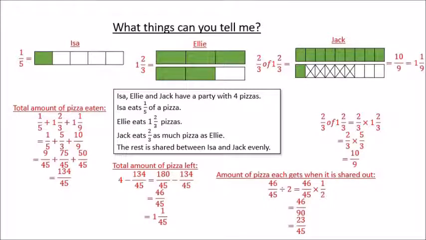Finally, we can find out the amount of pizza that Isa and Jack get when the rest is shared out evenly. You can see that because we have 1 and 1/45 left, that's 46/45. If we're sharing that between 2 people, well, dividing by 2 is the same as multiplying by a half. Or in other words, when we divide fractions, that's the same as multiplying by the reciprocal of what we were dividing by.